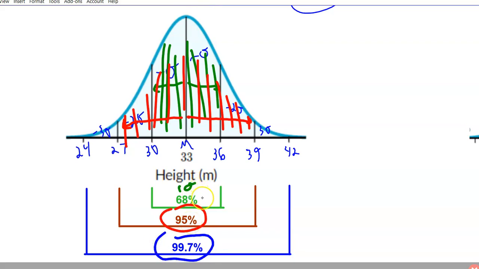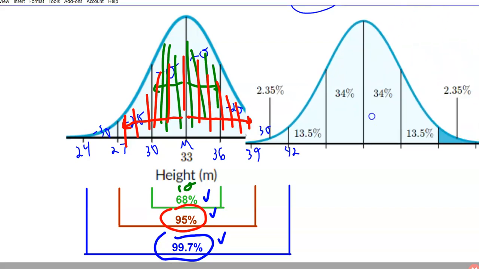By the way, you want to kind of memorize those. I will let you use your notes, but you want to have those for your notes. You can see only after 3 standard deviations, there's like 0.3% of the data. That's on both sides, so 0.15% on each side. Very, very small amount of the data might be more than that.